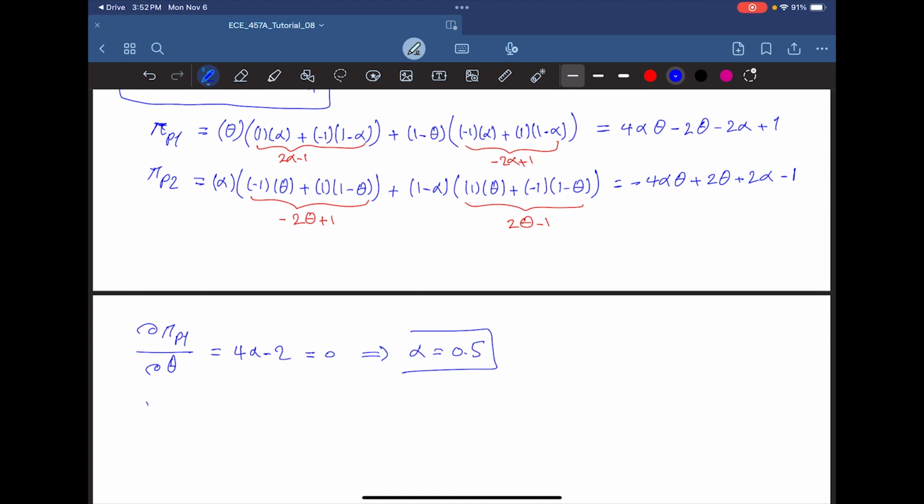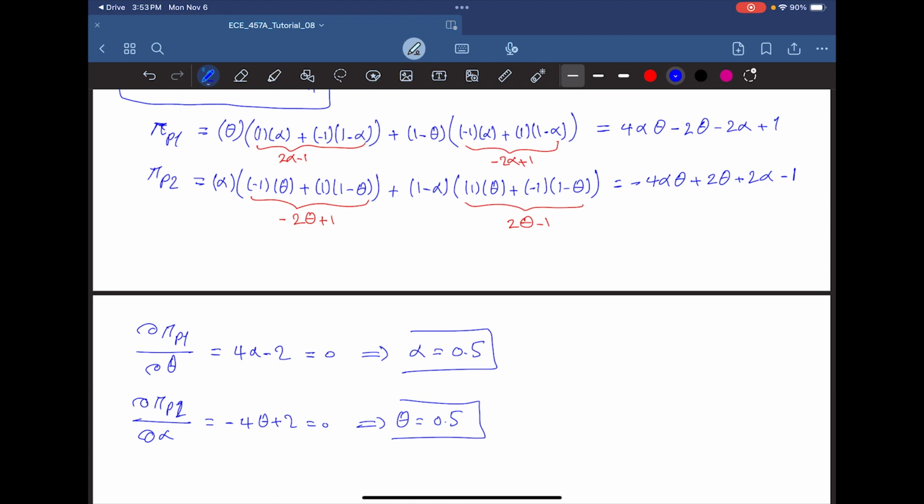And for the next one, the partial derivative of the payoff of player number 2 with respect to alpha would result in -4 theta plus 2 equals 0, and theta will be 0.5 as well.